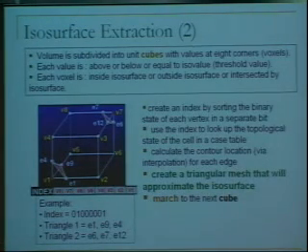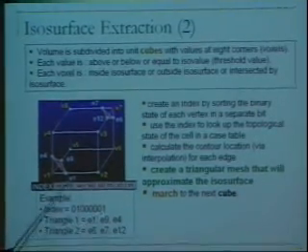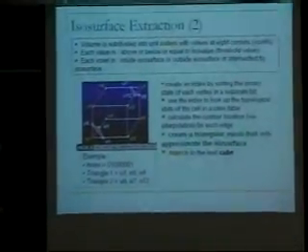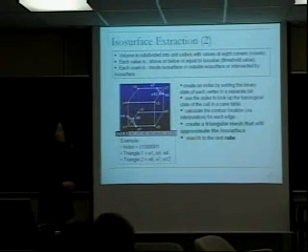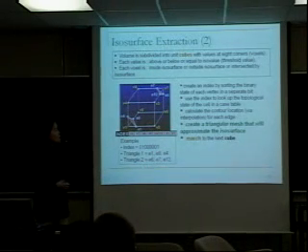For example, vertices V1 and V7 have values bigger than the iso value, so these two vertices are outside the isosurface. Then we create an index, with each bit corresponding to a vertex, where 1 means the vertex is outside the isosurface. After that, we calculate the contour location by an interpolation method.